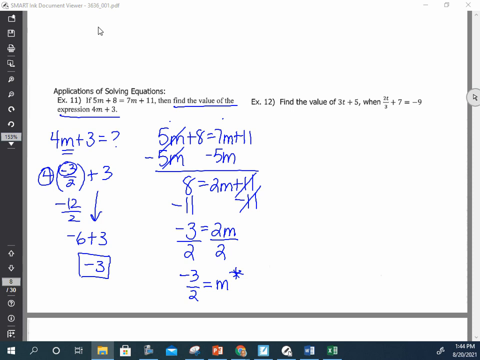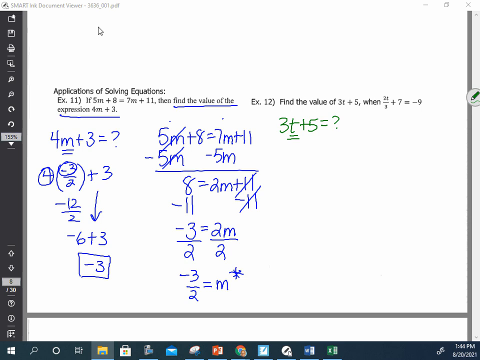Problem 12 is the same way. Find the value of 3t plus 5 when 2t over 3 plus 7 equals negative 9. So again, 3t plus 5, we're looking for what that value is, but we don't know what t is equal to.